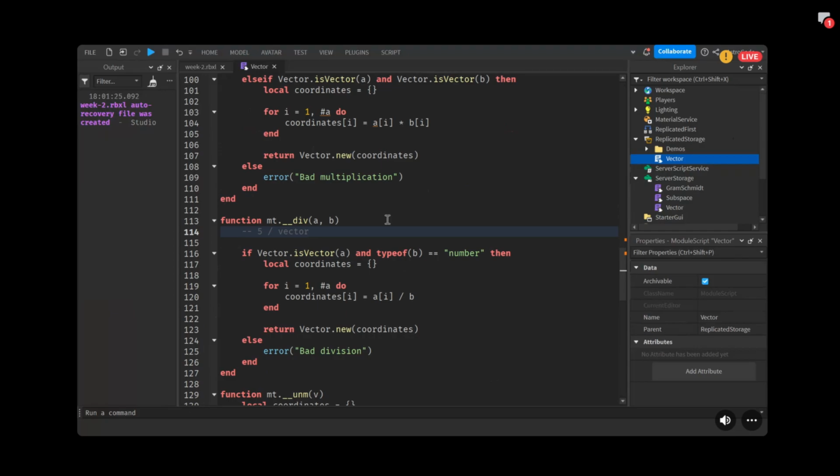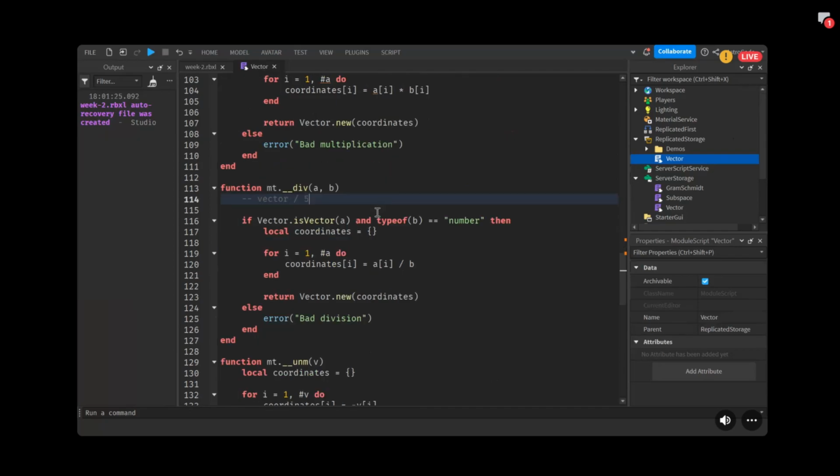So it's a little easier than multiplication, where we only have the case of a vector divided by a number. That's what you see here. We divide each coordinate by the number and return a new vector. In the case where b is 0, I didn't actually put that in, and I should probably do that. When b is 0, we can't divide by 0, so we should error there.